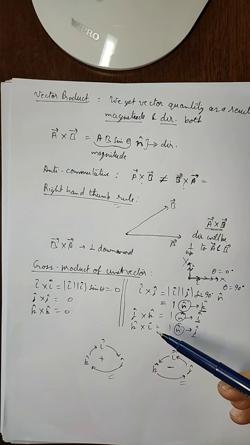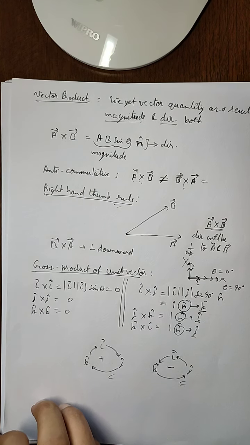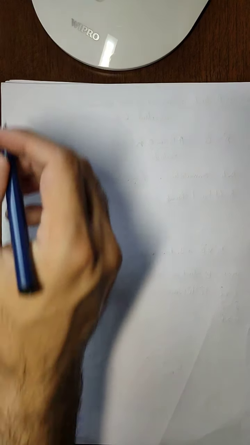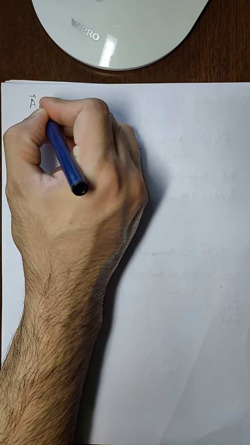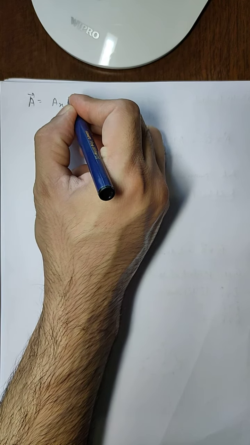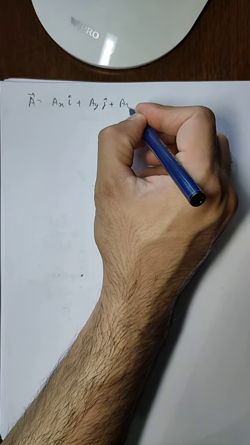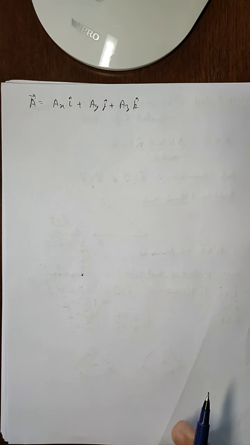Now what if the values of A and B are given? How do we multiply them if we have magnitudes also? Let us say that we have vector A given as Ax i cap, Ay j cap, and Az k cap.